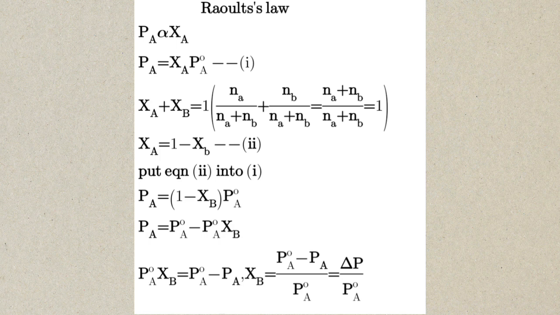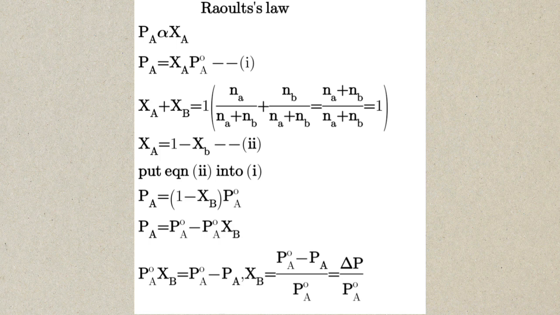Now from there, if you make the mole fraction of the solute the subject of the formula, we get the change in pressure, which is the vapor pressure of the solvent minus the partial vapor pressure, over the vapor pressure of the solvent. So we can easily say that the mole fraction is equal to the change in pressure, or lowering of the vapor pressure, over the pure vapor pressure of the solvent.